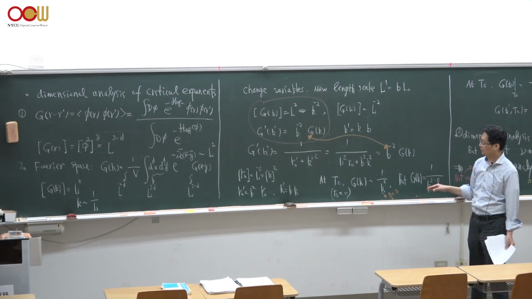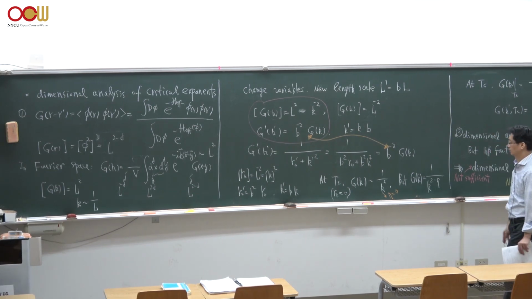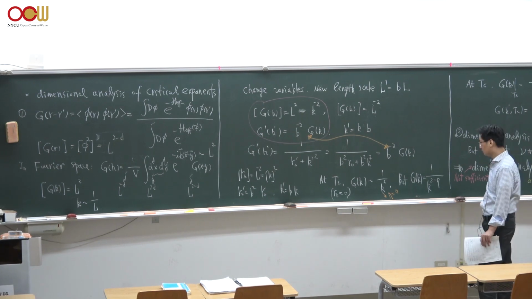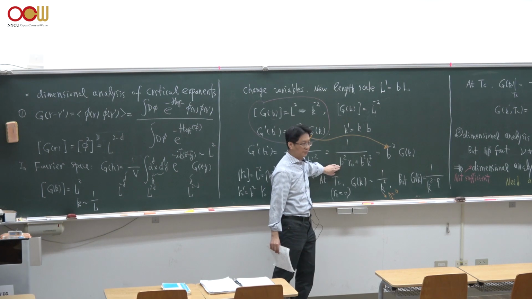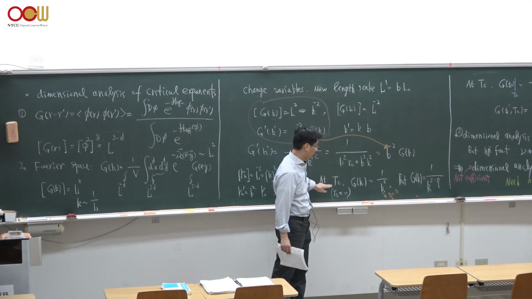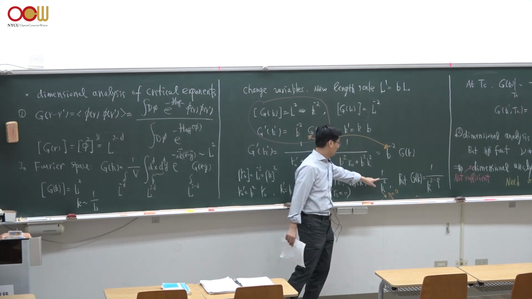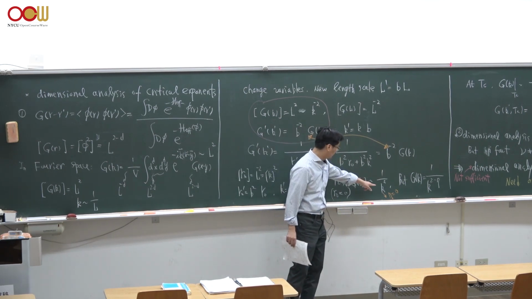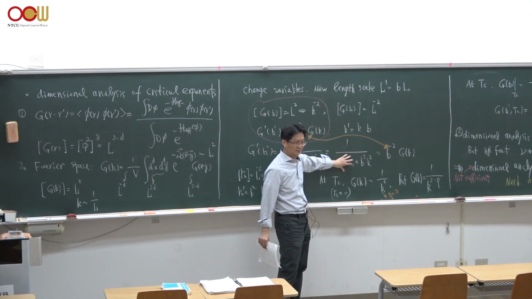Either way, you get the same conclusion that G of K prime behaves as B to the power of minus 2 times G of K. Good. So coming back to this previously obtained form at T equals Tc, which means that R0 vanishes, then this G of K simply behaves as 1 over K squared, because that term goes away.